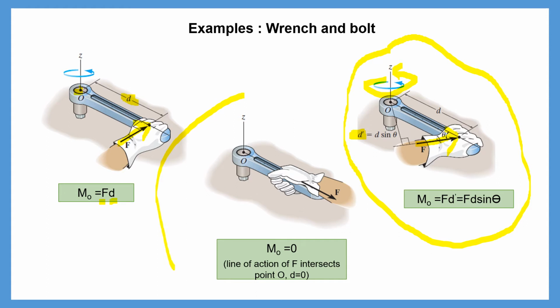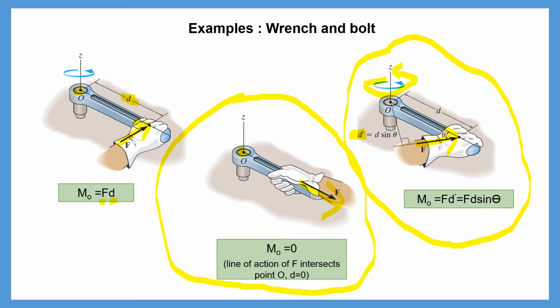Okay, let's consider this one. Here we are applying the force along the wrench. This means that point O and the line of action of F will intersect.